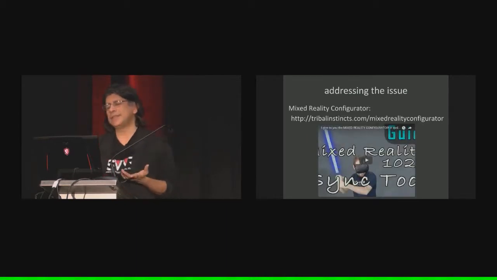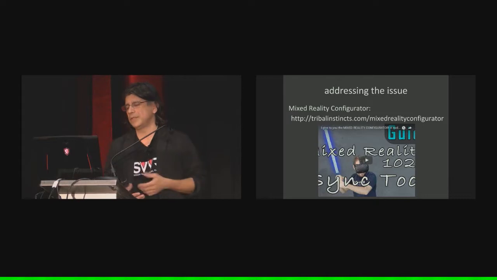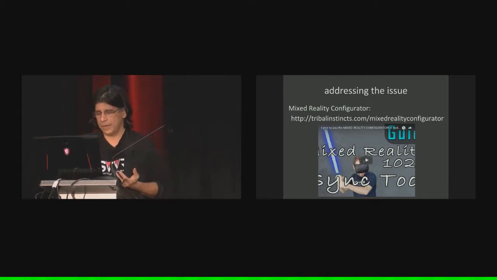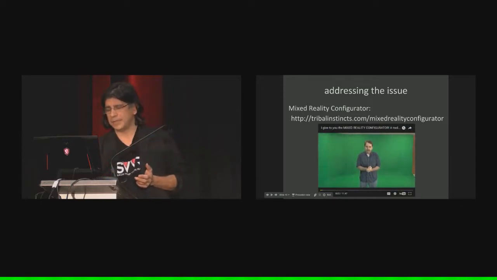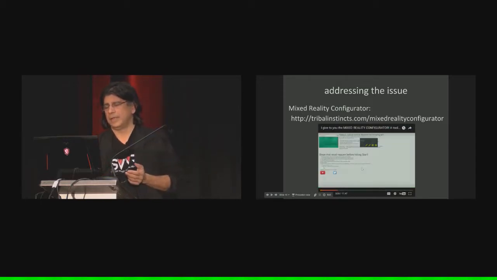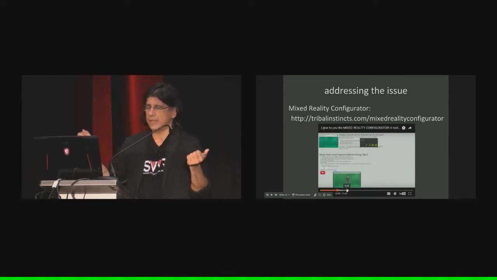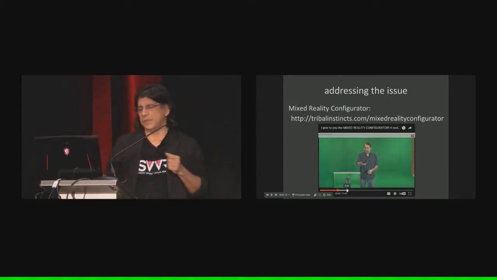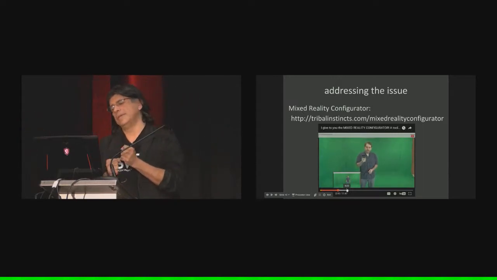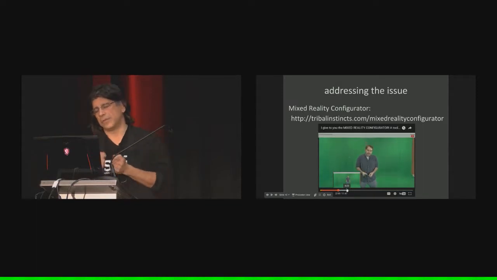So addressing this issue, I've seen a lot of people try to address it by writing custom software. For instance, this guy does a neat thing where, let me just forward a bit, he takes this software he wrote, and he basically uses the controllers to go to each corner and visually helps you line up the virtual controller with the real controller.